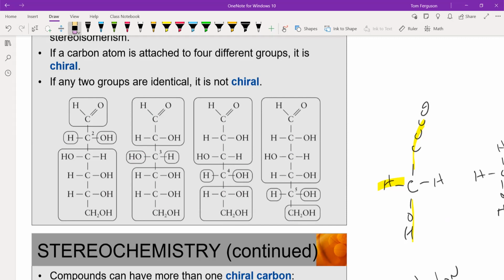So we know that chiral carbons are present. Question is how do we know whether it's D or L?